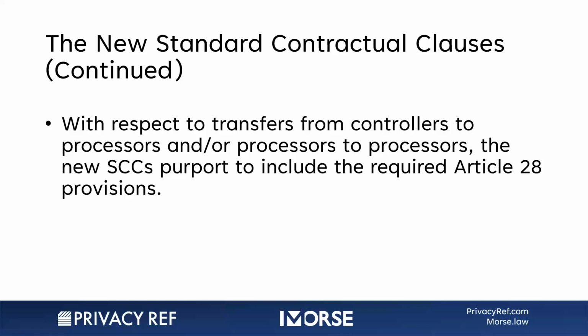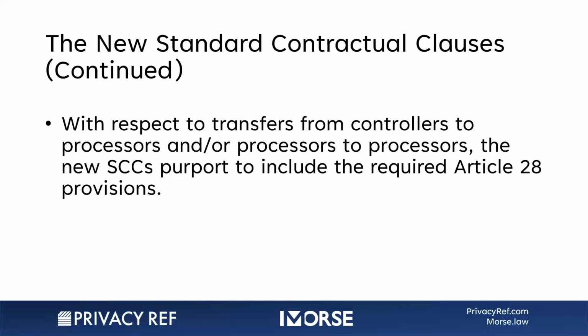So when there is sharing between a controller and a processor, Article 28 of the GDPR requires that there be a contract in place and that the contract includes certain specified provisions. These provisions govern how long the data can be retained, what the data can be used for. There are basically a laundry list of contractual provisions.